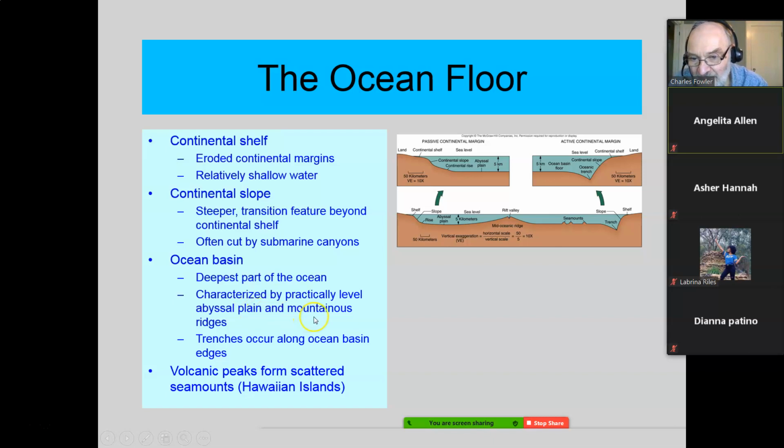but you can also have mountain ridges in them. Okay, and here are a few of those seamounts that just pop up there in that abyssal plain. Now, you might say, why are they there? I can't really answer that for sure, but remember we talked about stocks and batholiths and hogbacks and things like this that were underneath, that form part of your landforms.